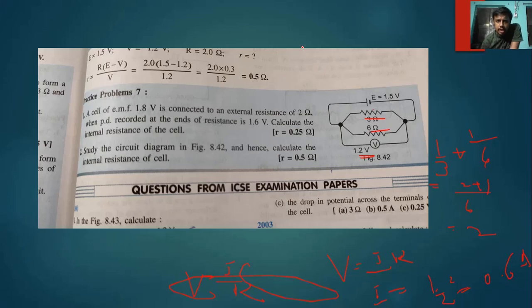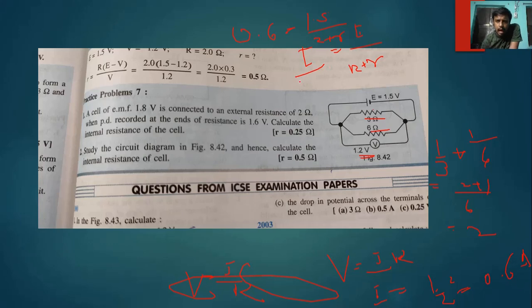And for the internal resistance, we know the formula: I is equal to EMF by external resistance plus internal resistance, and it is given 0.6 equal to 1.5 divided by 2 plus r. Okay.